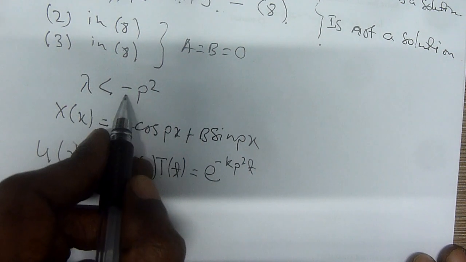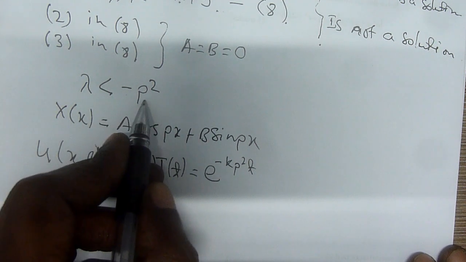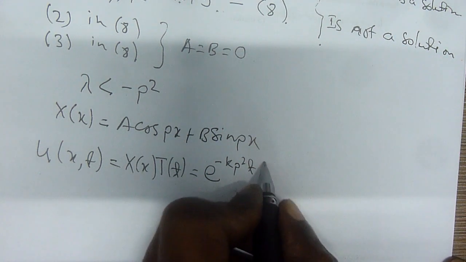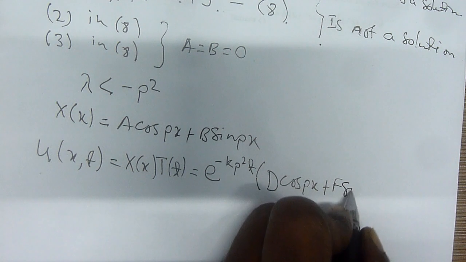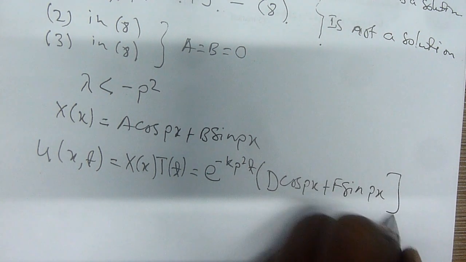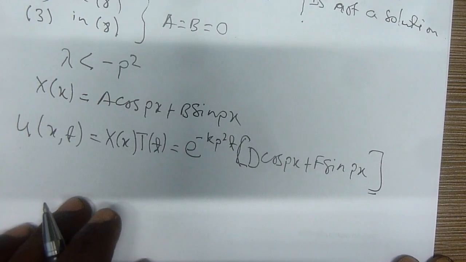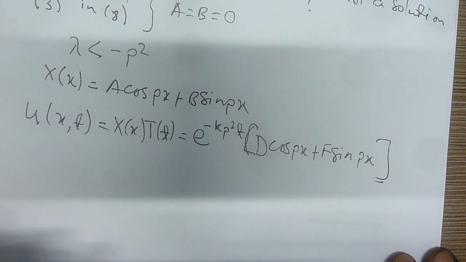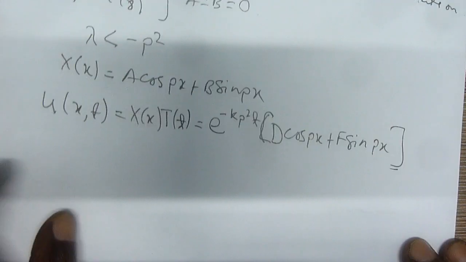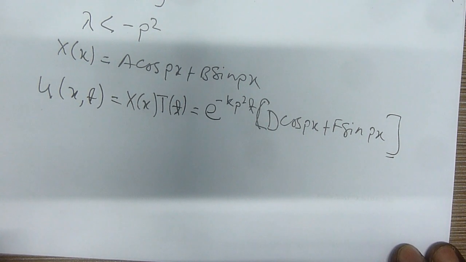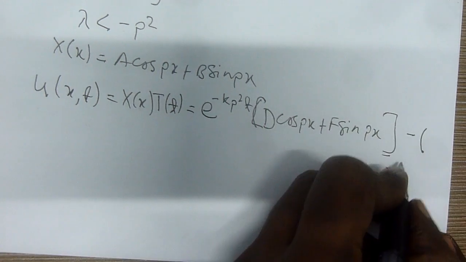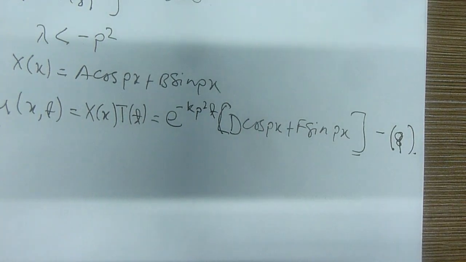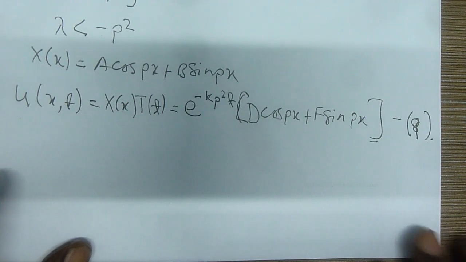Because, remember, this is negative. Therefore, (d cos px + f sin px). This is very important. Please follow me carefully to understand this example. I call this equation number 9.